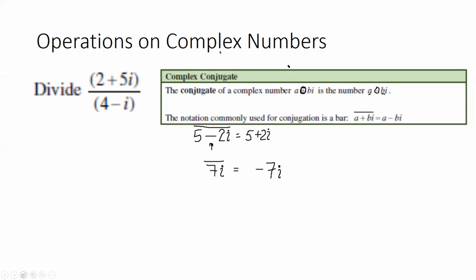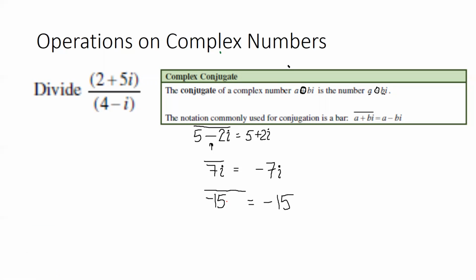And let's suppose I had the conjugate of negative 15. What's the conjugate of negative 15 going to be? Well, negative 15. Why is that? Well, same reasoning. Let's suppose I said, okay, well, let's rewrite my conjugate.